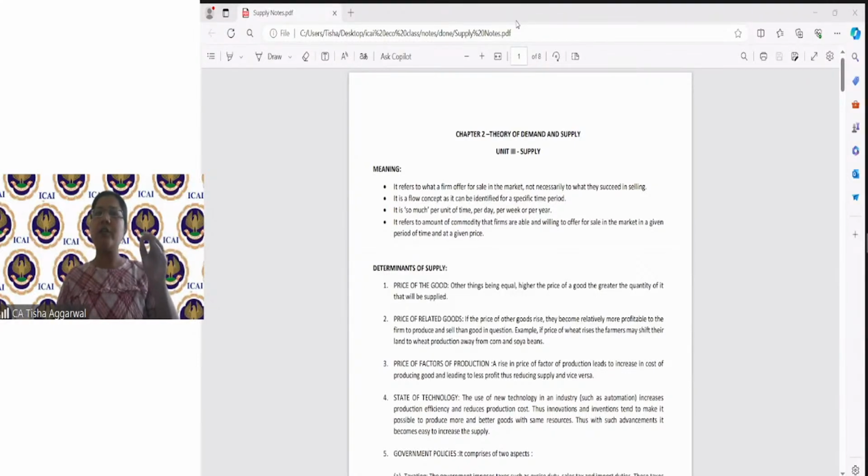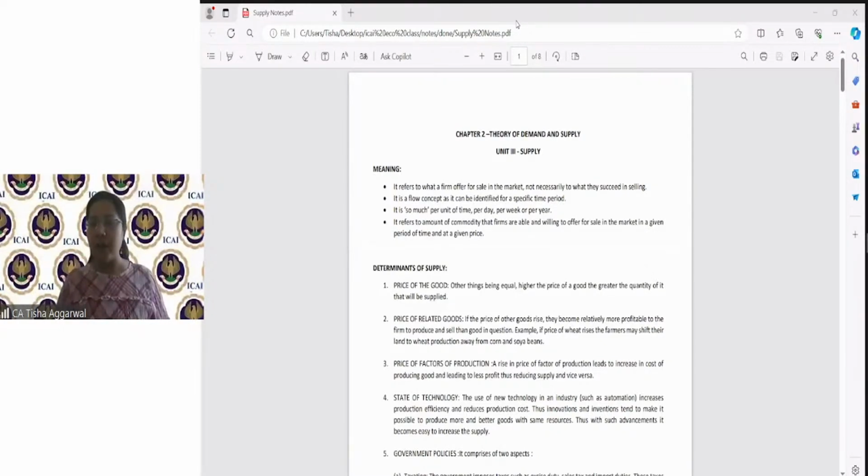So one part from the consumer's point of view, demand, I've already taught you. Now, when I'm talking to you as a supplier, in terms of supply, please understand and keep yourself in the shoes of a producer. Supply is by the producer, demand is by the consumer. So please understand what supply is.